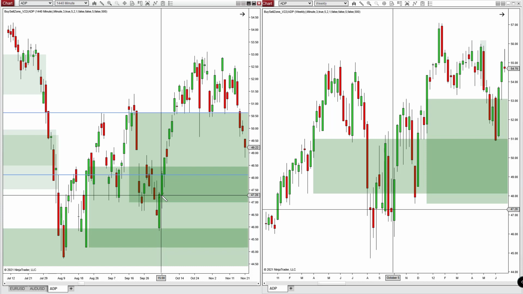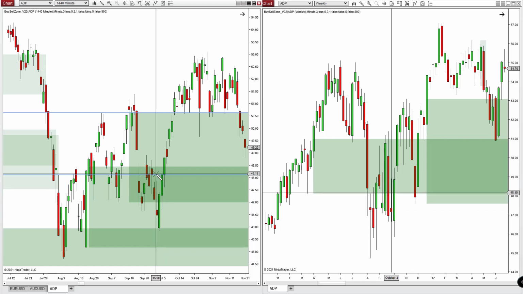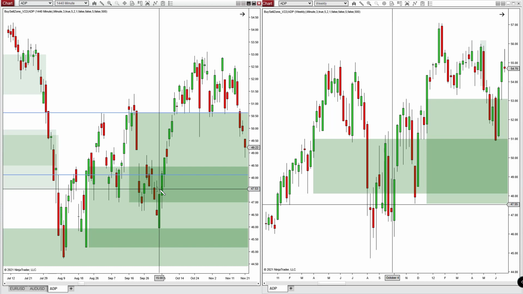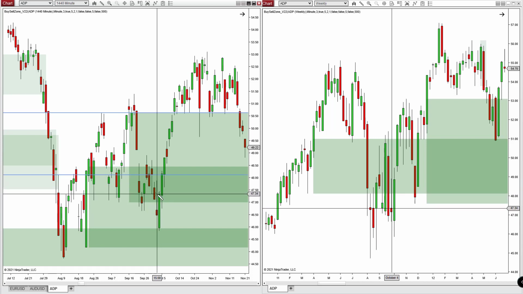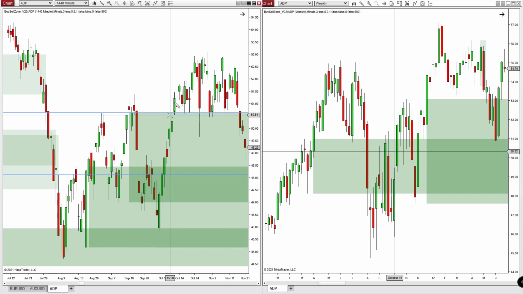Now, depending on how you personally trade, this could be an area that you would engage. What this would do is it will at least give you an idea of when to start looking for a trade. And it's going to give you precision on your entries. So if you have a system that you're trading that would tell you, hey, this is a spot that I want to be engaging, then you have a perfect area here.